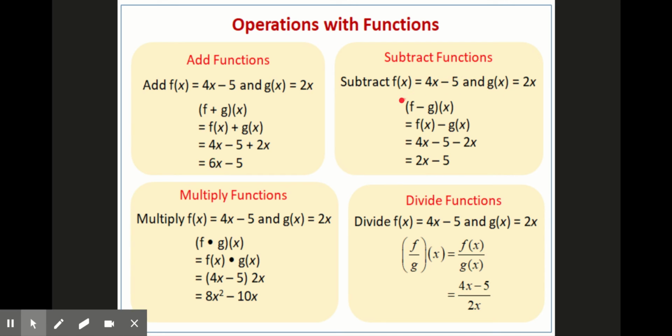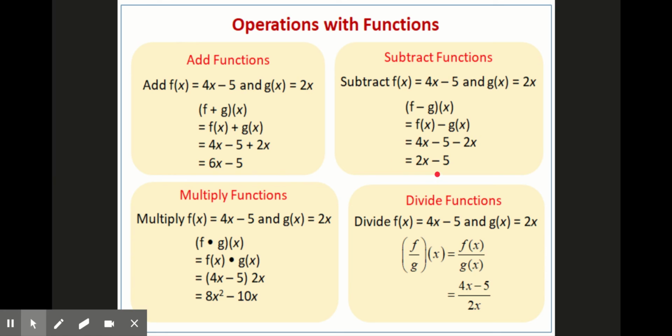If you made a new function by combining these through subtraction, 4x minus 5 minus 2x, 4x minus 2x is 2x, combining my like terms. So this new function, f minus g of x, is really just 2x minus 5.